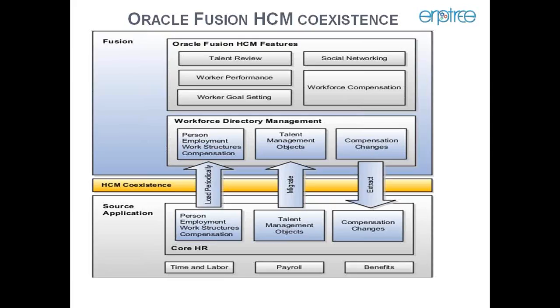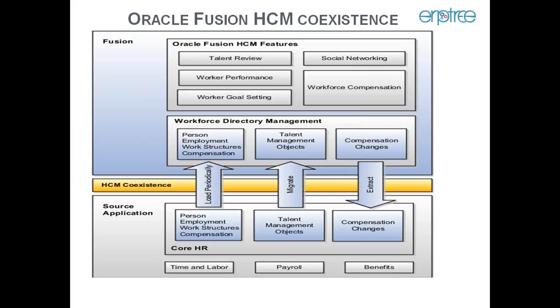So in coexistence, the two systems work combined, where some of the modules are maintained in the Fusion application, some in the third-party system, and the data gets migrated periodically from both sides. Let's suppose the core HR is maintained in the third-party system where the employee is getting hired.